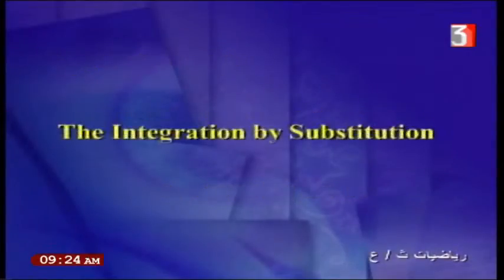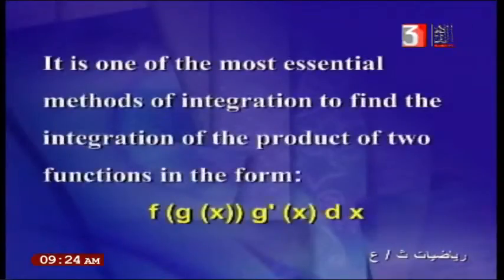Now the integration by substitution. The integration by substitution is one of the most essential methods of integration to find the integration of the product of two functions in the form f of g of x times g dash x dx.